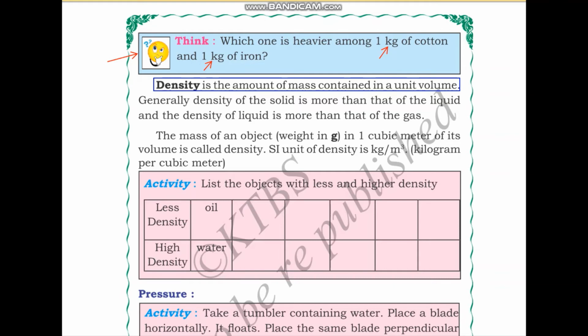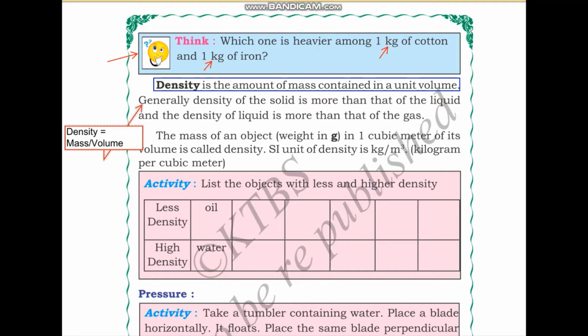Now let us understand the mass more. The mass of an object, or the weight in grams, in 1 cubic meter of its volume is called density. So we learned that density is the amount of mass contained in unit volume. Let us write it out here to make us understand better. So density is equal to mass in volume.